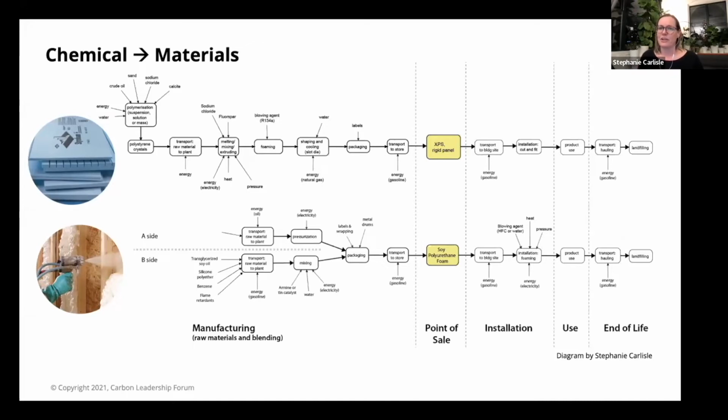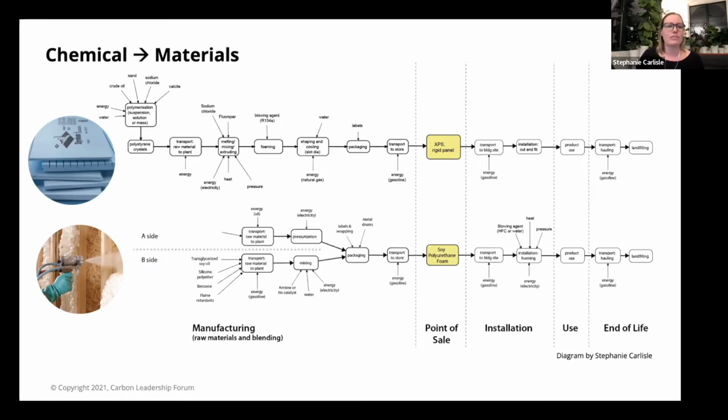If we're zooming in and looking at here, this is just a diagram of some models that I built. These are not the kind of models you would probably be playing with, but this is all the way back at the material stage. So this is just two insulation products, XPS rigid panel and a soy polyurethane foam. This is showing that cradle to grave perspective broken up by life cycle stages, and pointing out that within this different model, the inputs and outputs are going to go all the way back to the initial chemistry, right?